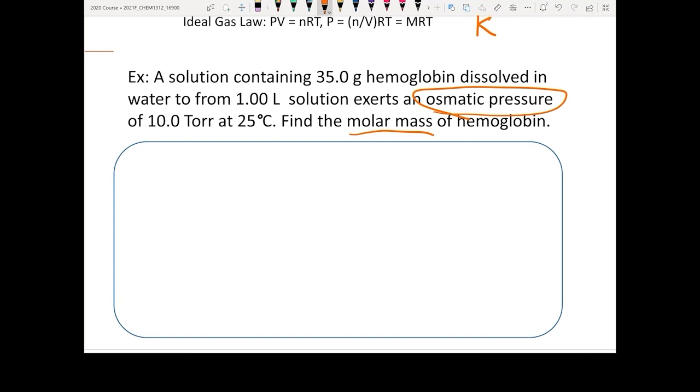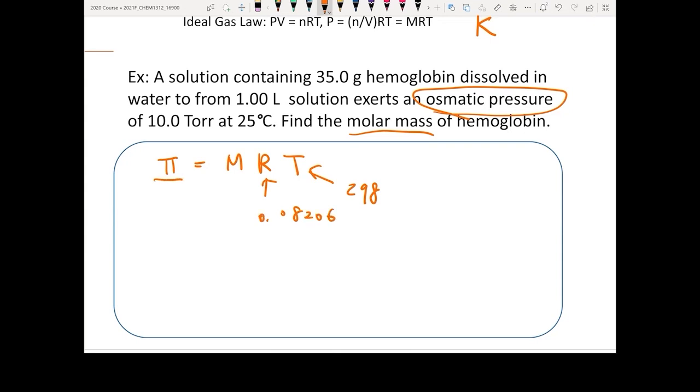Once you see this keyword, there's actually only one equation, right? Pi equals MRT. What's T? Temperature in Kelvin. So it should be 298, right? R, make sure you use the correct constant, 0.08206.